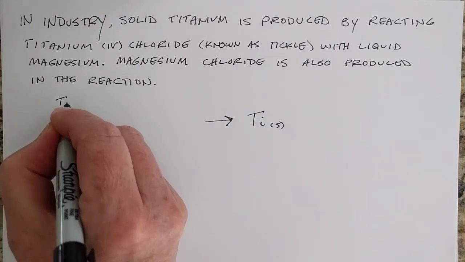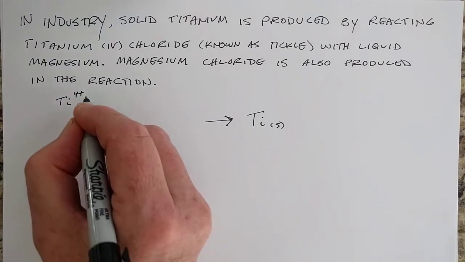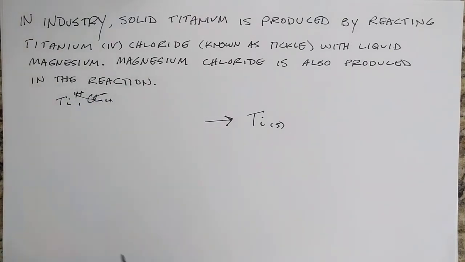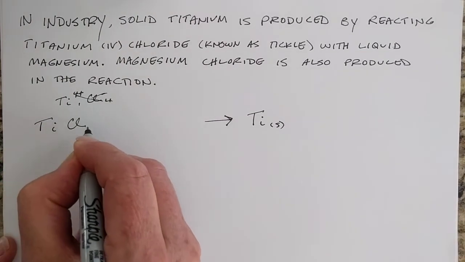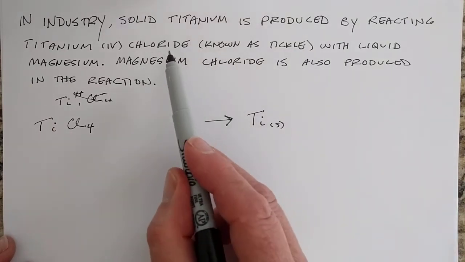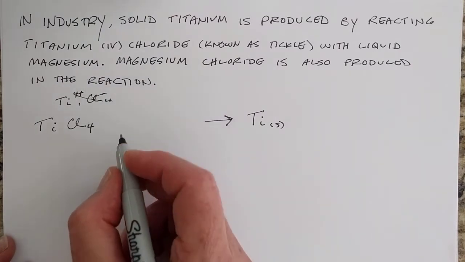Titanium Roman numeral 4 means it is a 4 plus ion. Chloride is a -1 ion. 4, 1. So our formula is TiCl4. All right, so we're reacting the titanium Roman numeral 4 chloride with liquid magnesium.